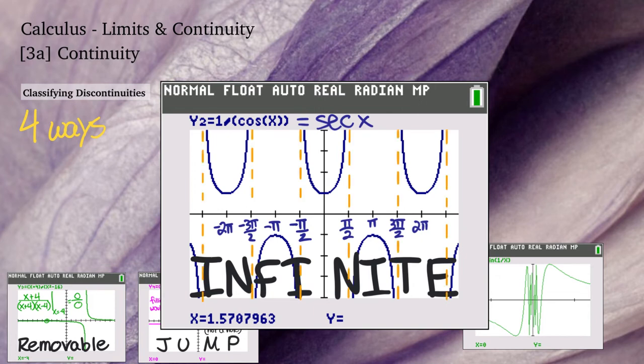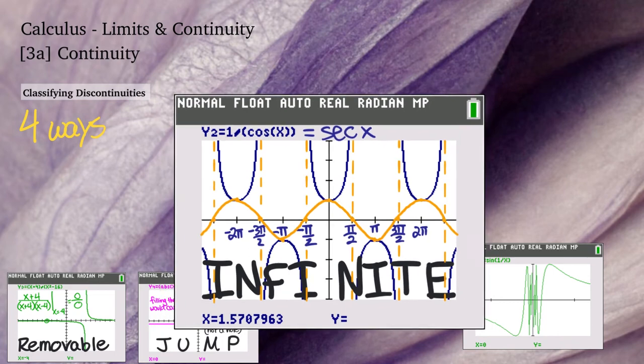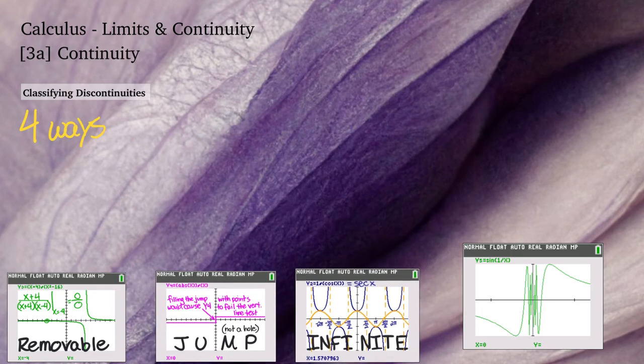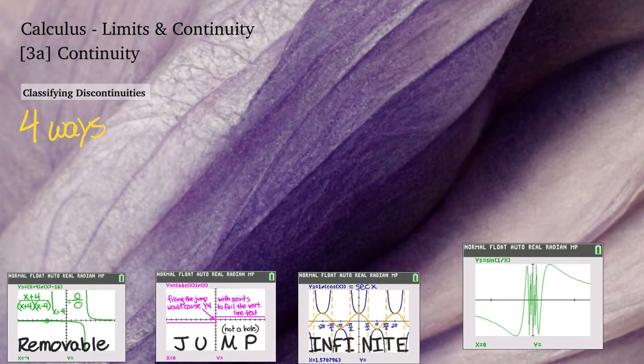Since secant x is the reciprocal of cosine x, I can actually sketch the cosine curve in between the secant curves. Secant x has an infinite discontinuity when cosine x is 0 at pi over 2, 3 pi over 2, and negative pi over 2, and negative 3 pi over 2. Infinite discontinuities also show up in the function 1 over x and tangent x.